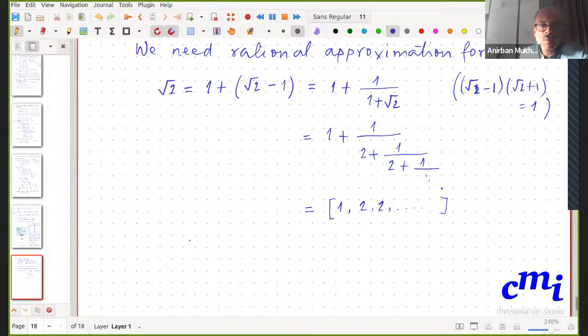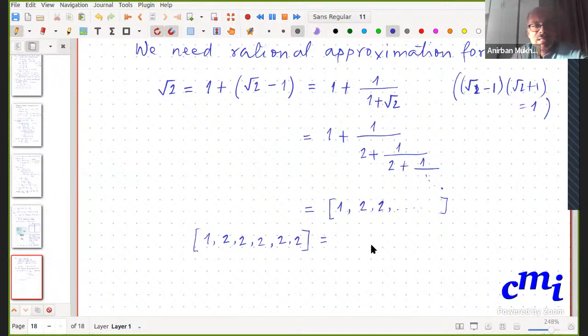Now we need to have a suitable convergent. It turns out that this seems good enough. I guess this is five 2s.